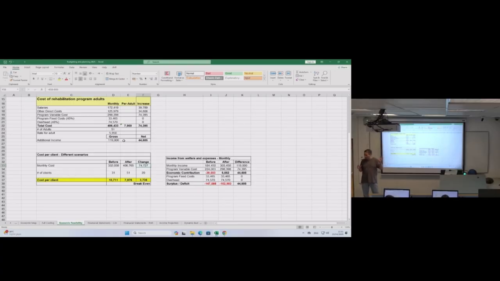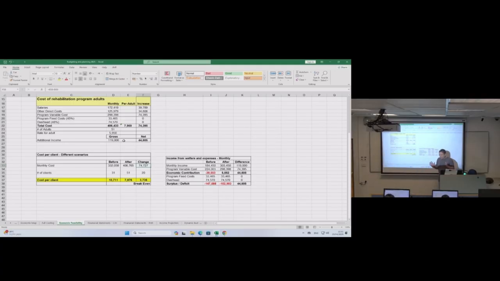This is like the marginal cost in economics. Okay? So in practical language, it will be called the incremental cost of a client. It will be 74 divided by 20, approximately 3,700 shekels per client.